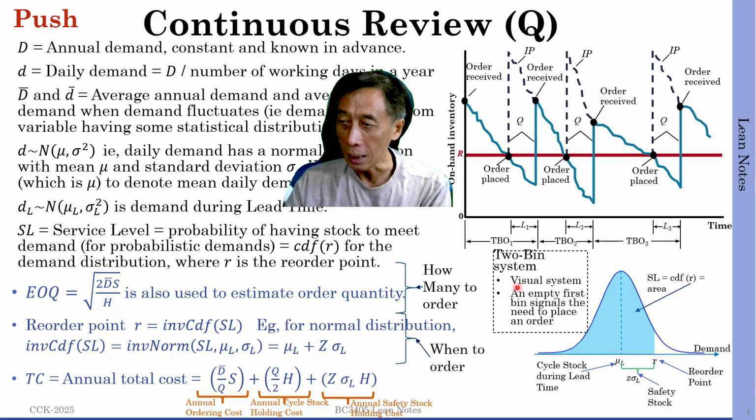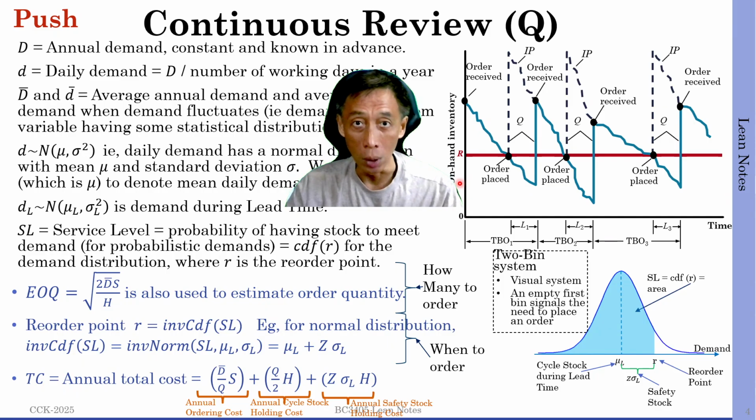Over here, they say the visual system. In other words, the reorder point can be a marker. It can also be done in various ways, such as to split this into two halves, and then make it very visual by having two bins, two pails, or two big buckets to hold those tires.